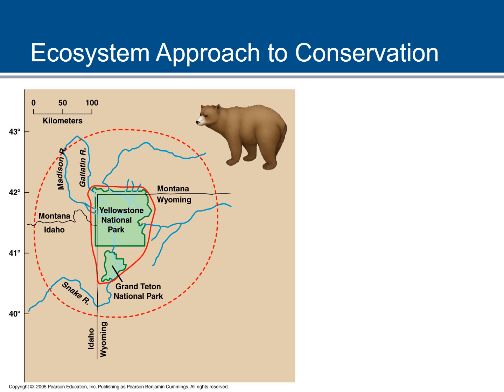And you think about a grizzly bear. Grizzly bear doesn't know when the park ends, and so we have to kind of consider how are these parks linked together because they're in close proximity, but also how far might a grizzly bear wander, and what can we do in the surrounding areas to help conserve them.